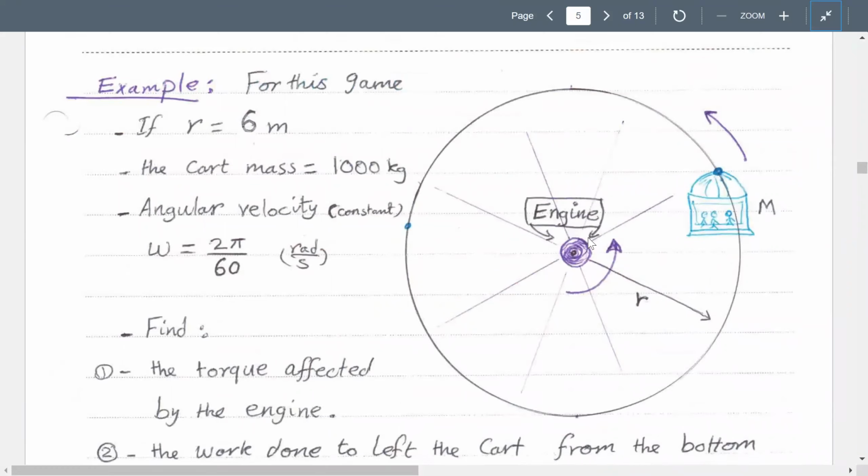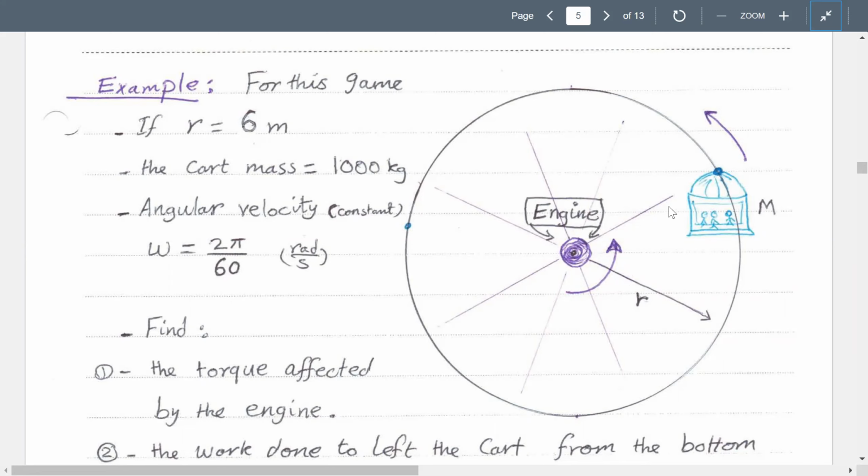We have an engine. This engine is rotating this big disc, and there is a mass hanging from that disc. The radius of this disc is 6 meters, it is big. And the cart mass is 1,000 kilograms with the people inside it.